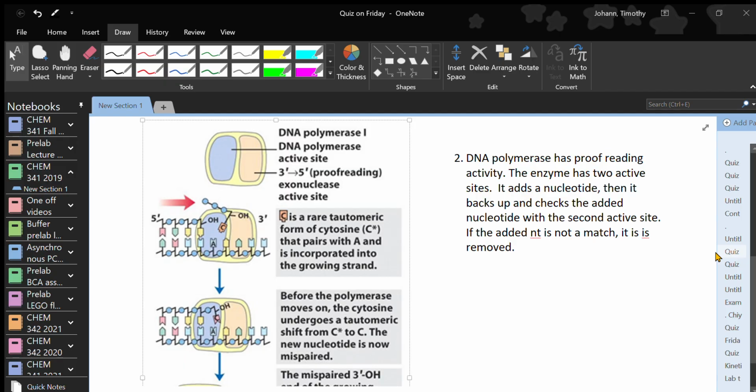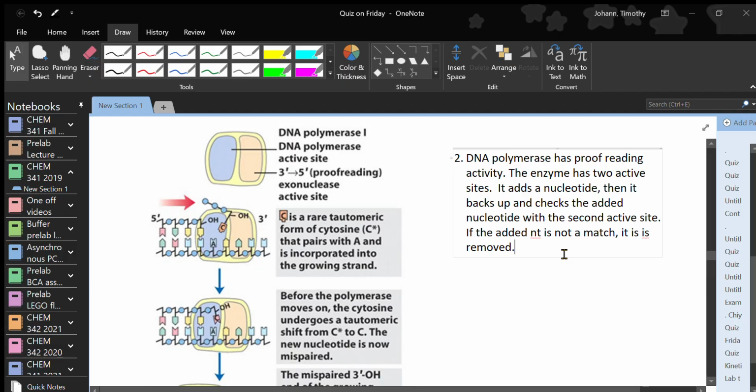So you get one error every 10,000 to one error every 100,000, roughly. And this helps minimize that. I haven't talked about this yet, but of all those errors, this fixes 99% to 99.9% of them.